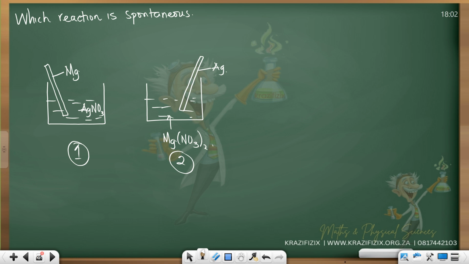Please write that. I'm going to quickly go to the table so that in case you don't have a table, you can use mine. I have silver solid in magnesium nitrate, then I have magnesium in silver nitrate. Which one of them is spontaneous? Shesha, I'm waiting for you. I'm just waiting for Lesedi to quickly write a question so that I can go to the table for you.